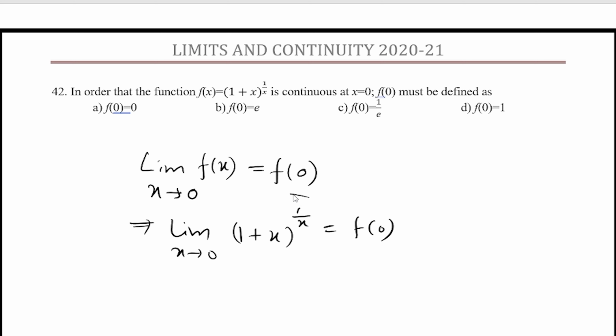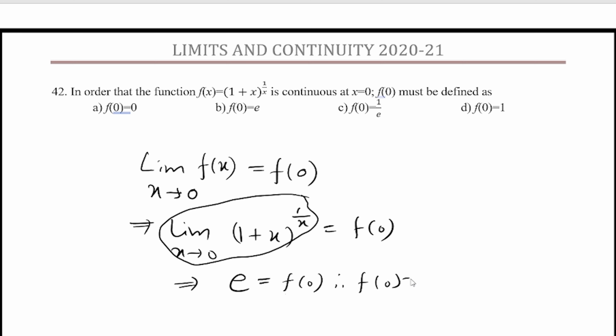But you know the standard result, limit of 1 plus x whole power 1 by x as x tends to 0, its value is e, is equal to f of 0. So f of 0 is equal to e. So which one is right option? Option B is the right option.